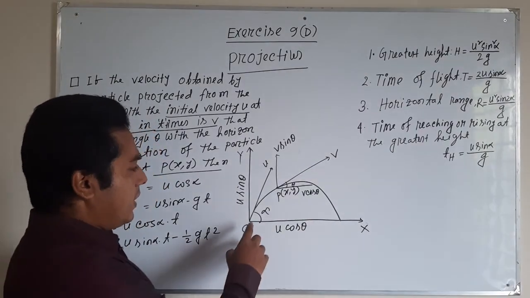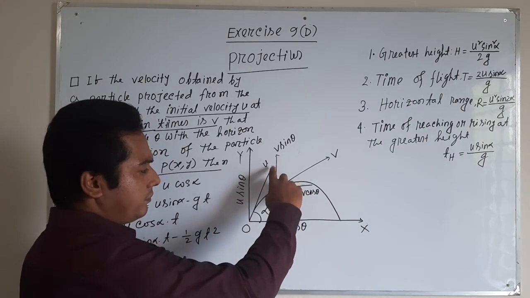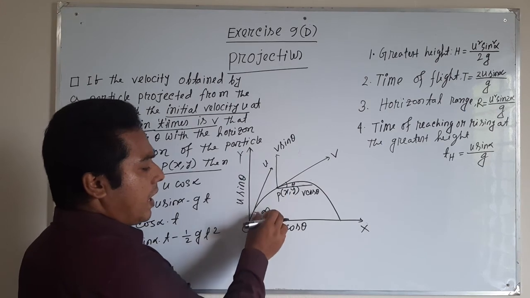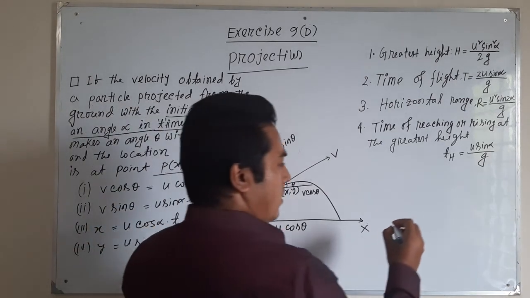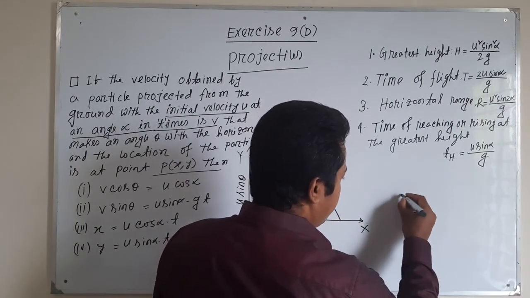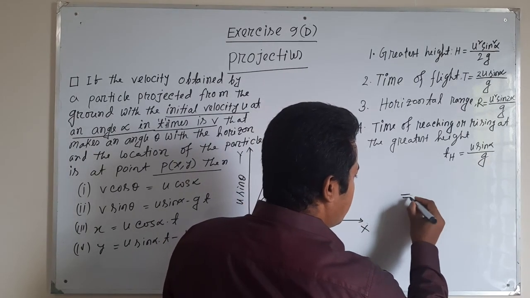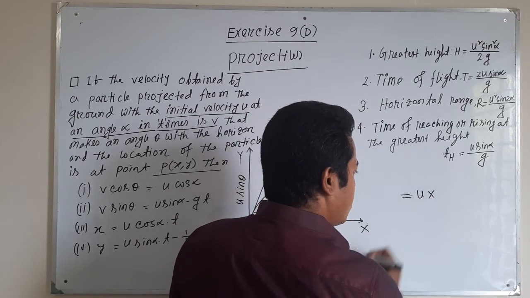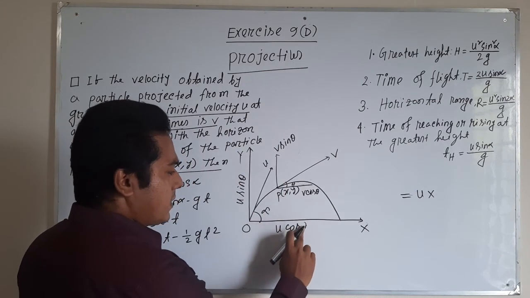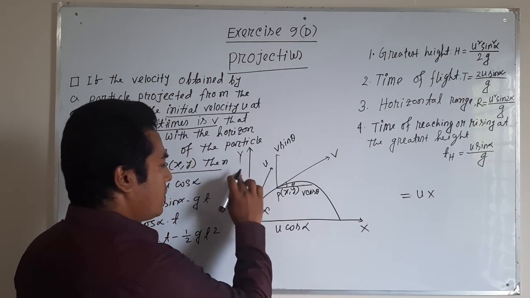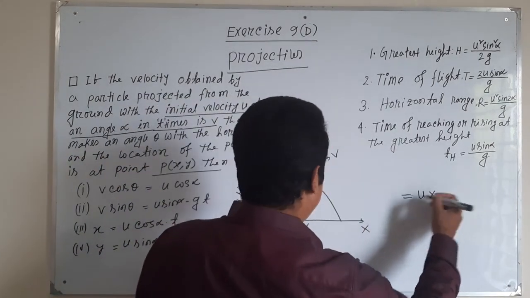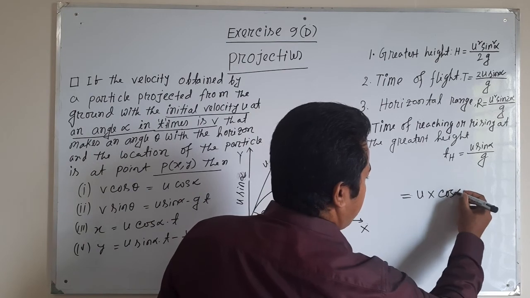If the initial velocity is thrown in this way, making an angle alpha, then the resolved part of this velocity is the velocity into cos alpha.